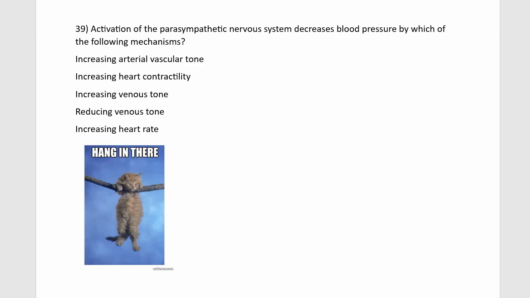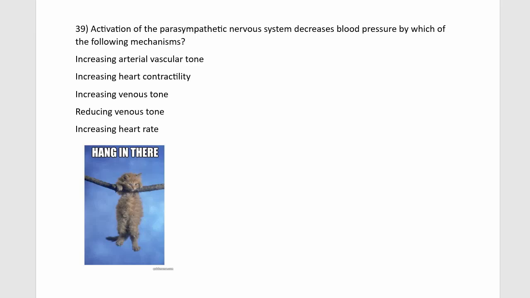So all of that was just a quick overview of what venous tone is, but in reality, if you look at the answers here, you'll notice a trend. So 4 of these are going to be activated by the sympathetic pathway. Incidentally, 4 of these also say increase.